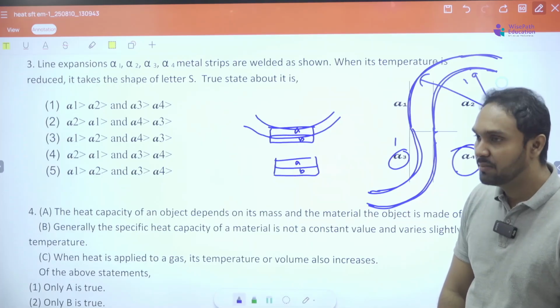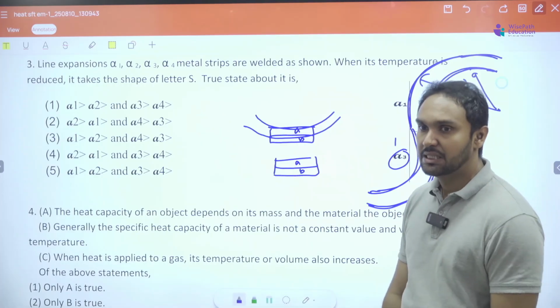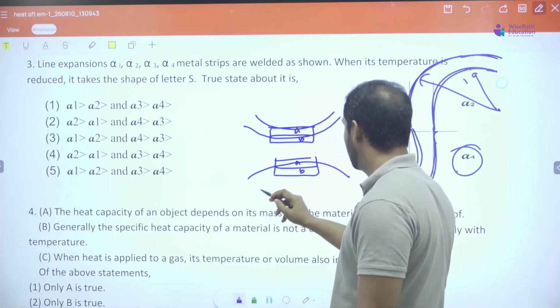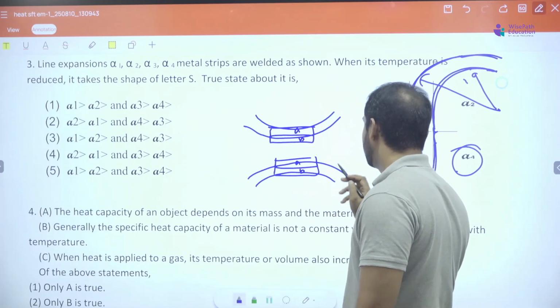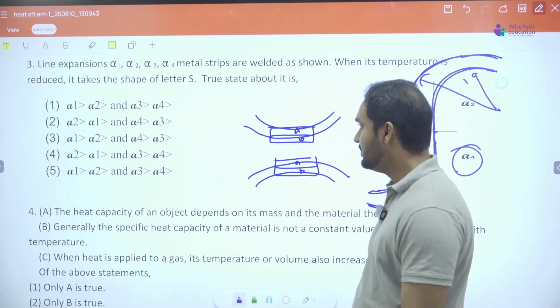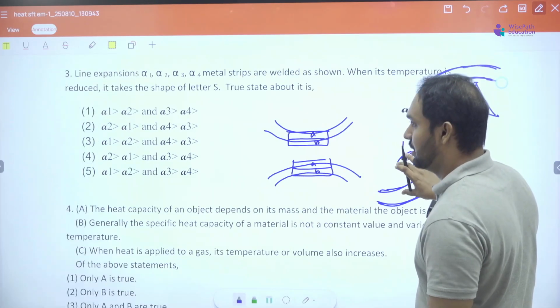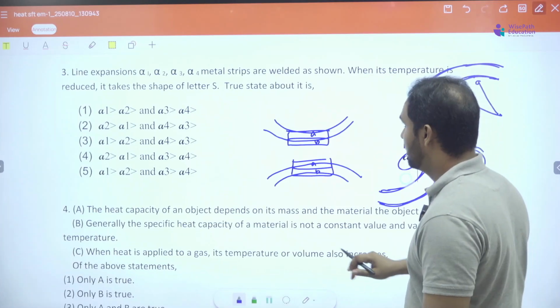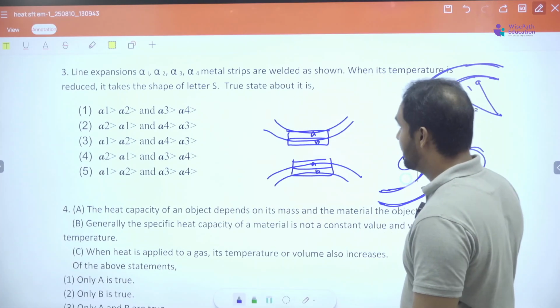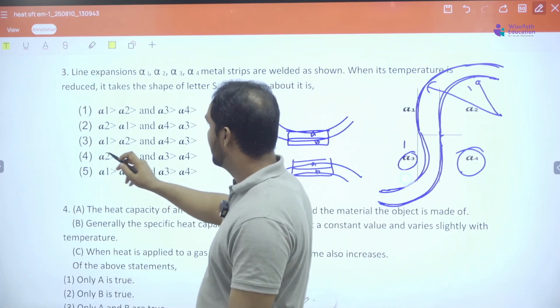A becomes the outer circle, so it bends this way with a greater arc length. Right, you can decide it. Understood? Shiny found the answer for it. Now what is the answer here? Alpha 1 greater than alpha 2.